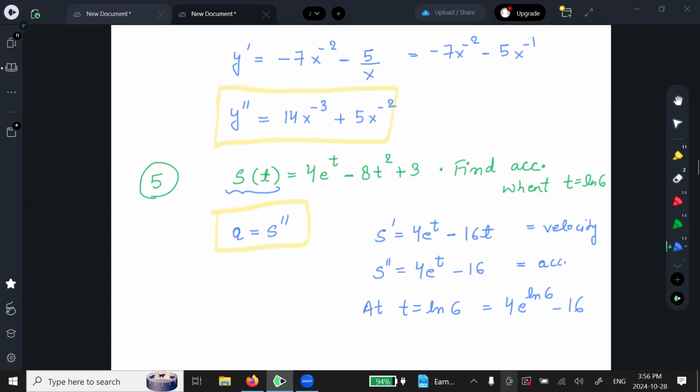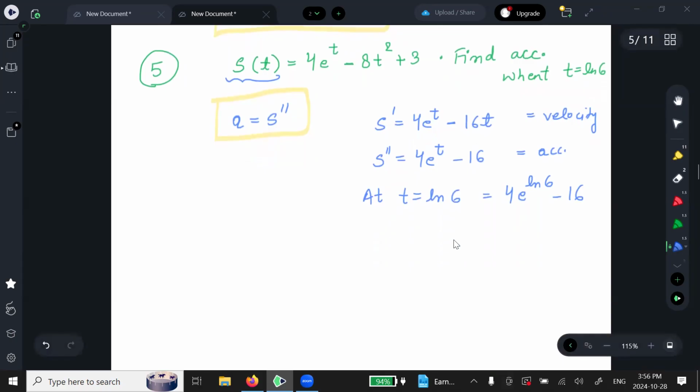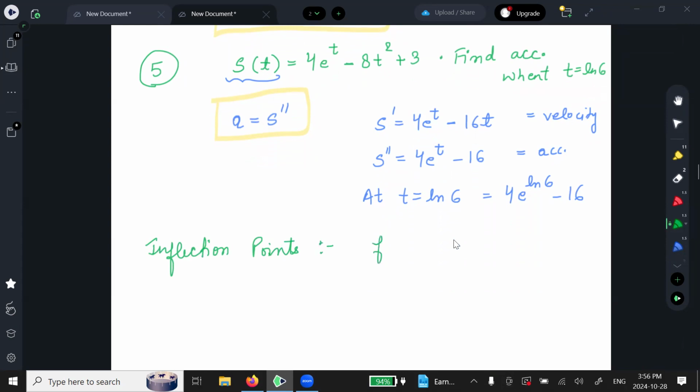Second derivative. For critical points, I make the first derivative 0. For inflection points, I make the second derivative equal 0.